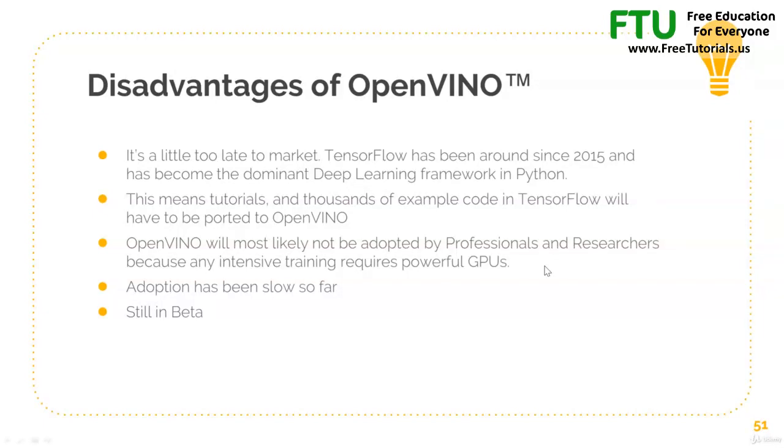No one is going to get ImageNet, which consists of millions of images and takes weeks to train on GPUs, and train that on a CPU, ever, period. So OpenVINO basically doesn't have that much usefulness in the computer vision deep learning domain. It may have it for people like us who don't have access to powerful GPUs or expensive cloud GPUs. So it could be useful for us.